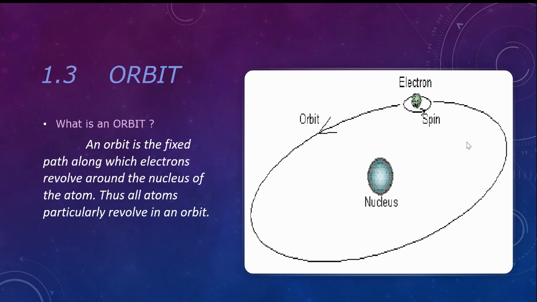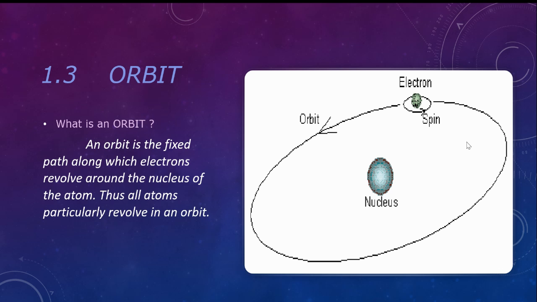In our previous video, I gave an example: when you cut an onion horizontally, in the middle, the center peels are very small, but as we move away from the center, the size of the peel goes on increasing. In the same manner, as we move away from the nucleus, the size of the orbit increases, as well as the energy. Okay, so this is about the orbit.